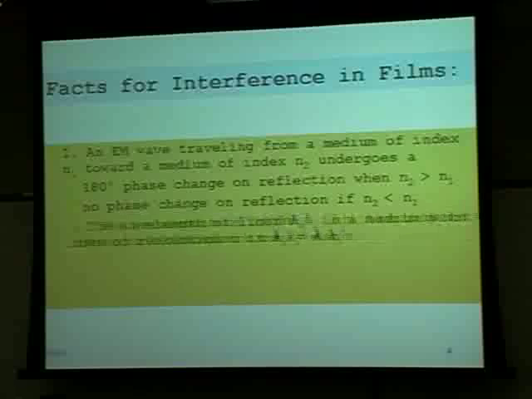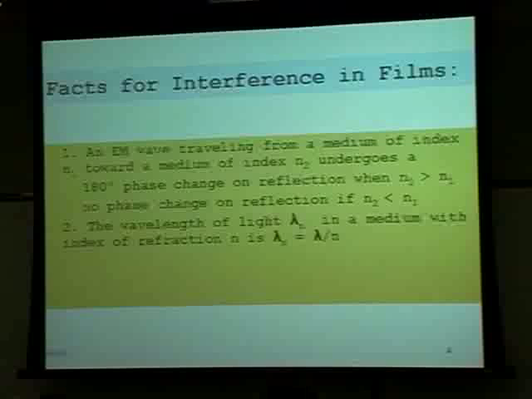Also, when the light is actually in a medium of a certain index, its wavelength will be reduced: its wavelength in a vacuum divided by the index of that medium. So within the medium, its wavelength will be the wavelength in the vacuum divided by n.